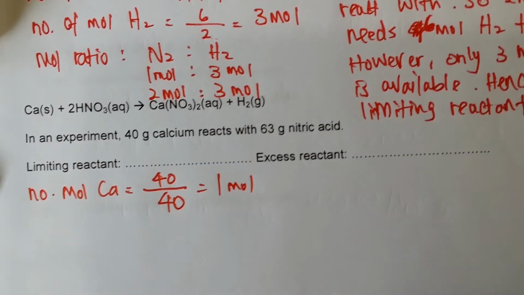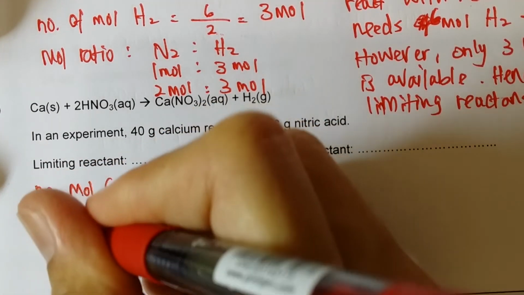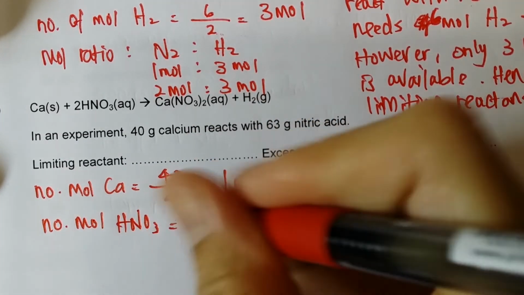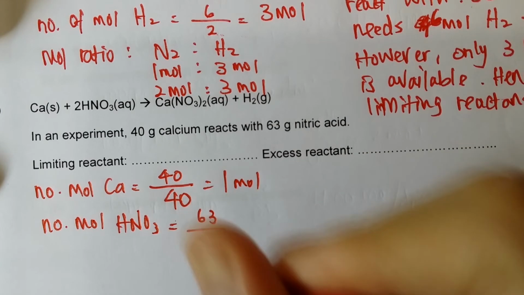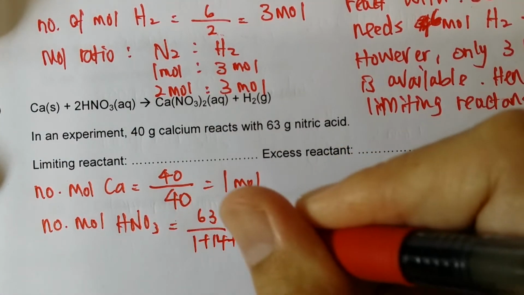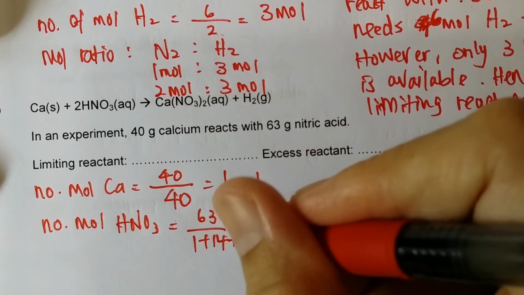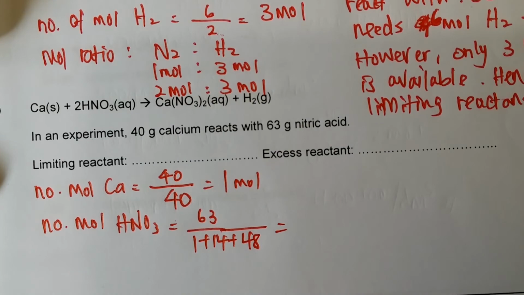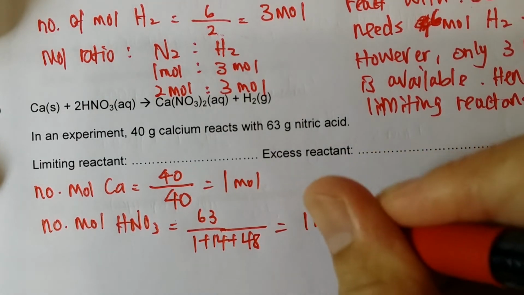How about 63 gram of nitric acid? So number of mole of HNO3 would be 63 divided by the MR for nitric acid, which is 1 plus 14 plus 16 times 3, which is 48. And this one will give you 1 mole as well.